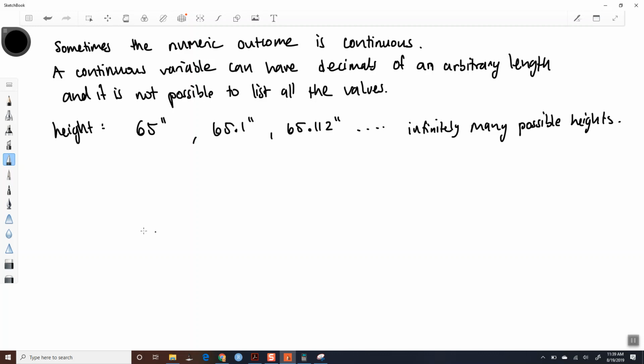Okay, and so to represent a probability distribution of a continuous variable, we use graphs of what we'll call curves.